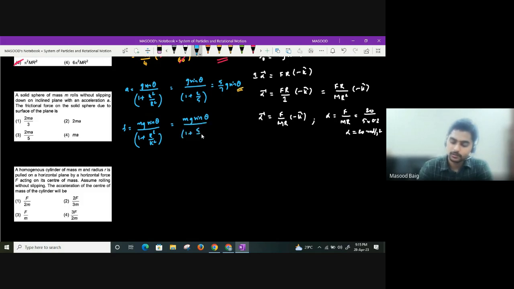You will write it as 5 by 2, which I will get as 2 by 7 m into g sine theta. Now, how can I write this g sine theta? Can I write g sine theta as 7a divided by 5, beta? Yes. So what will I get as the frictional force acting in terms of acceleration? I'm going to get that as 2ma divided by 5.